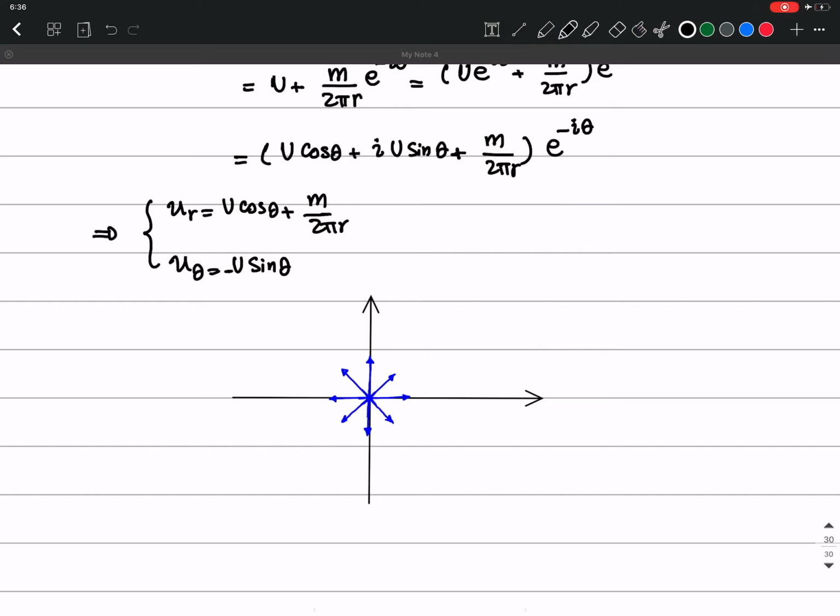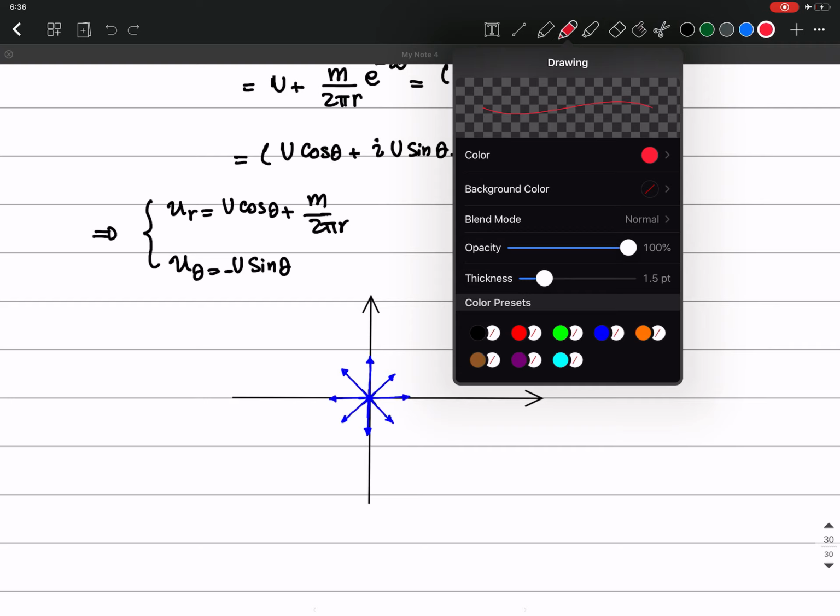So we have a source here, and then we also have a uniform flow. For a uniform flow, we are going to see that it looks something like this. Let me decrease that.